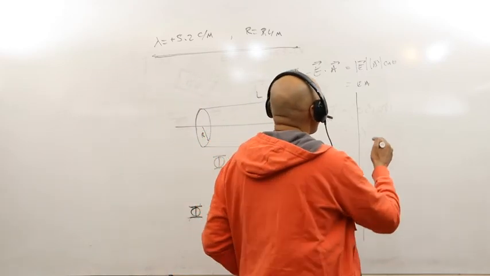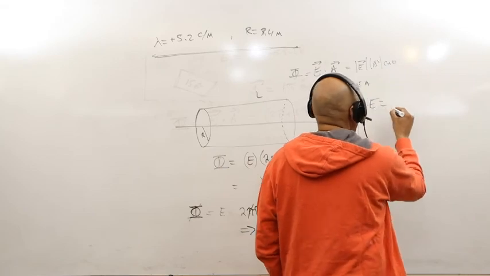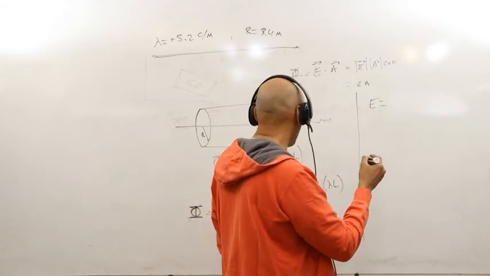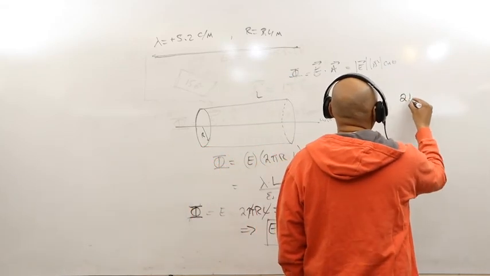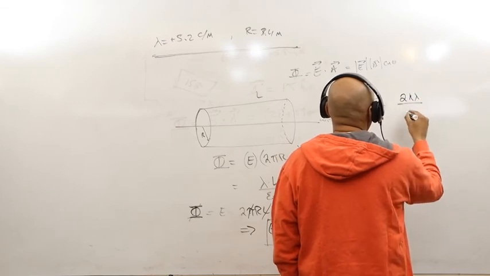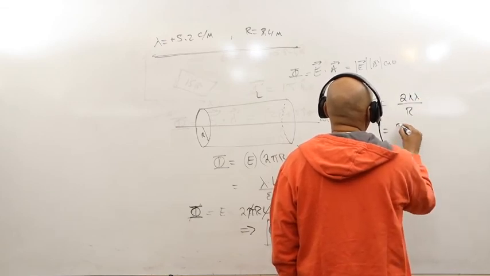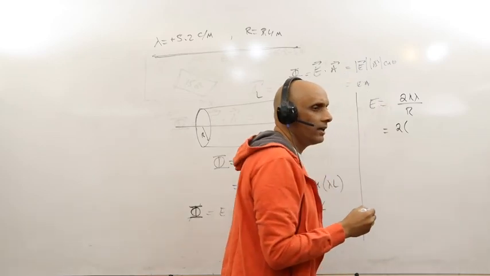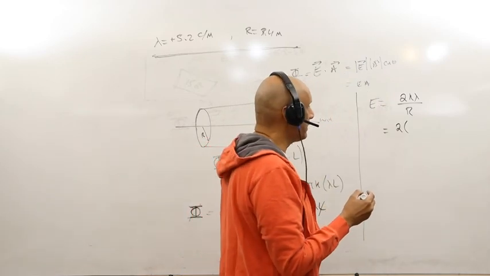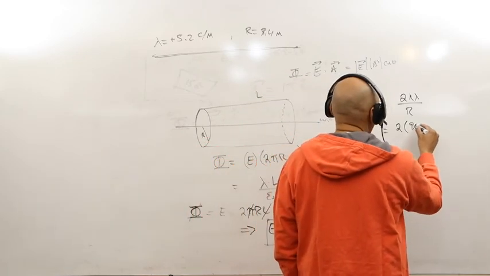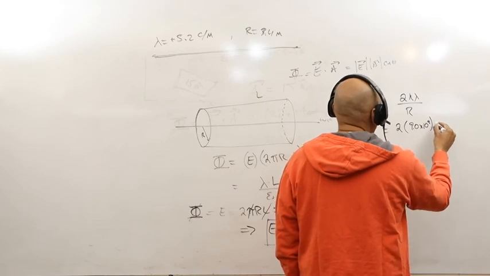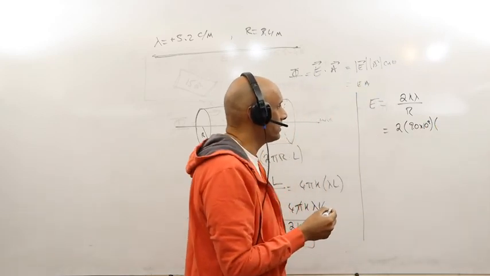So the electric field is given by, is it on the board? Yeah, it's still on the board, good. 2 times k times lambda over r. k, the Coulombic constant, is roughly 9.0 times 10 to the 9. We're using standard units, so we don't waste time putting the actual units in.